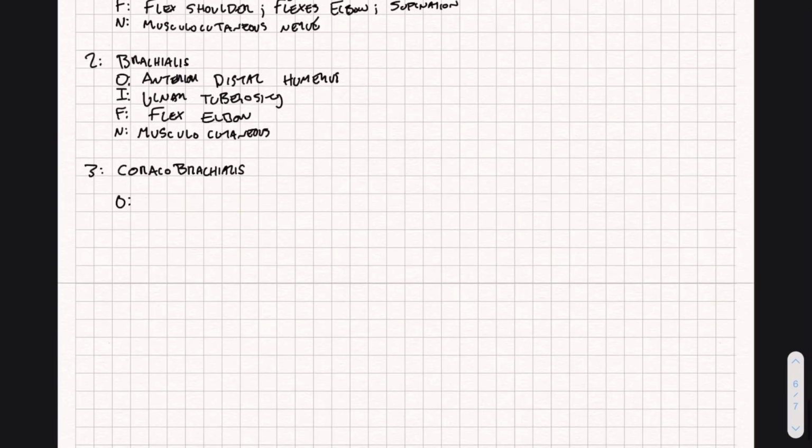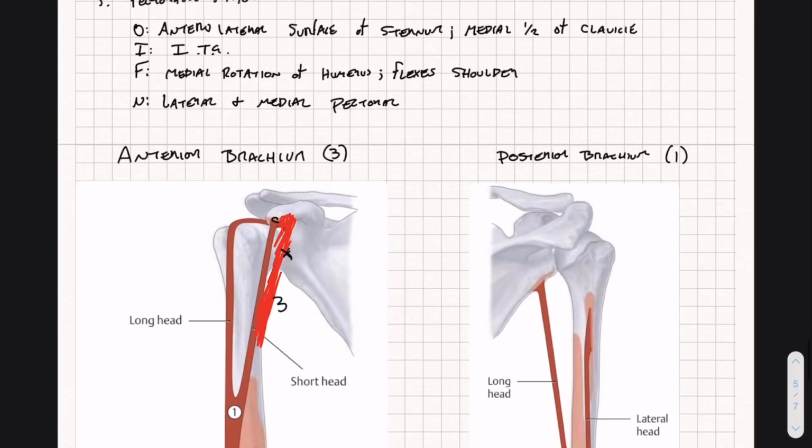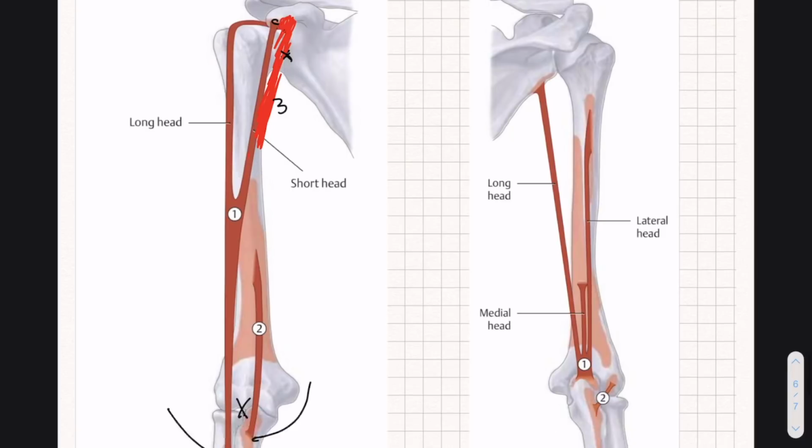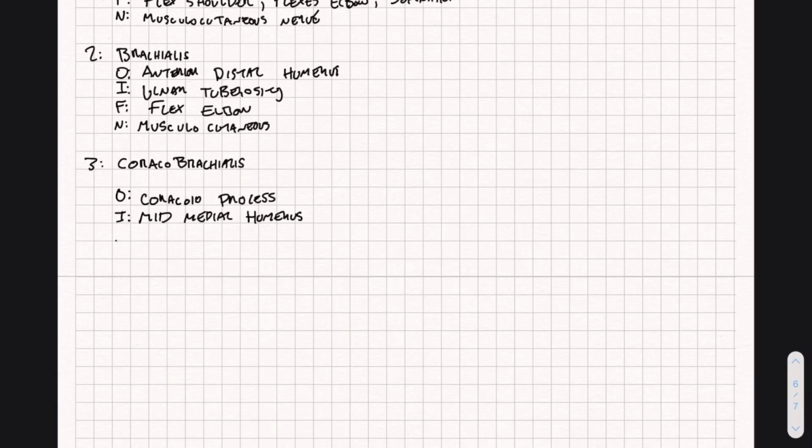Its origin is the coracoid process. It inserts onto the mid-medial humerus. So this is like the middle, we could pretend. So it's inserting onto that mid-medial humerus. Its function is flexion of the shoulder, because it does not cross the elbow.